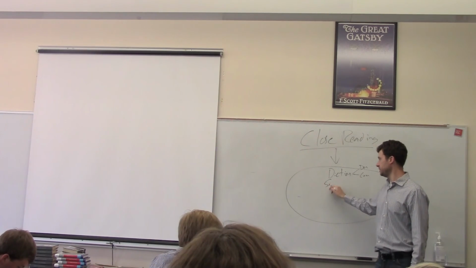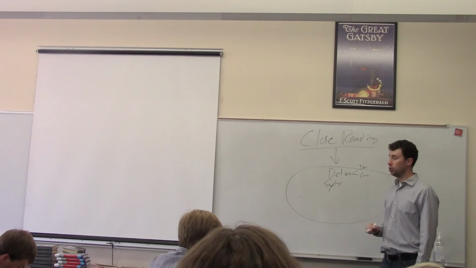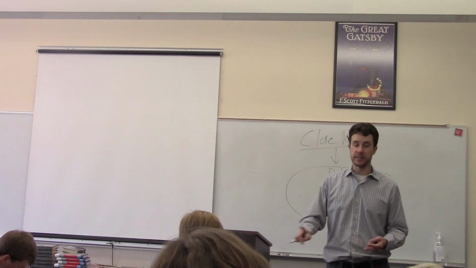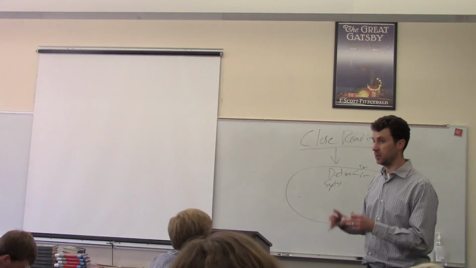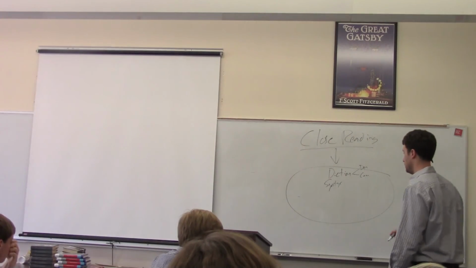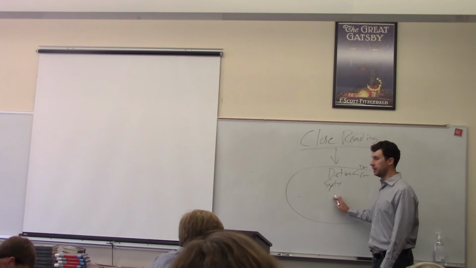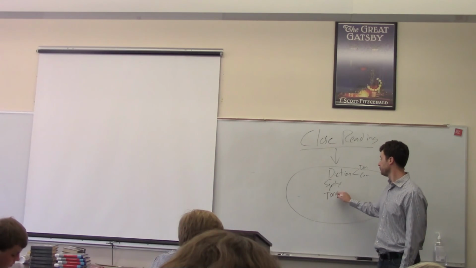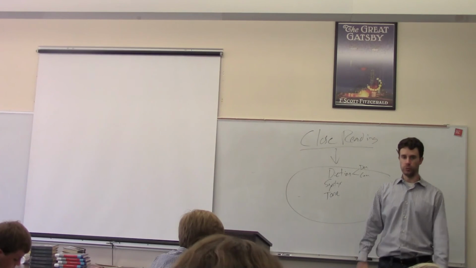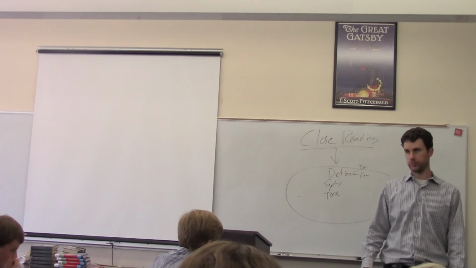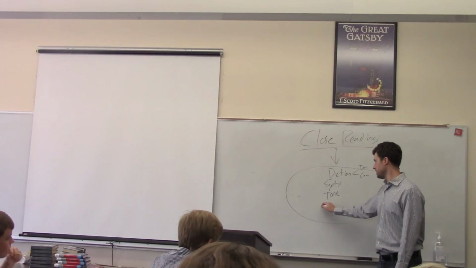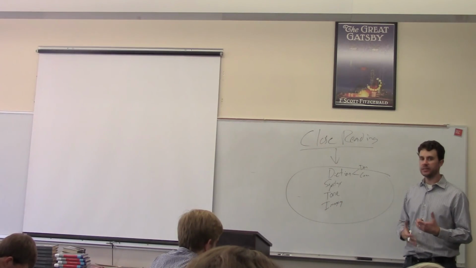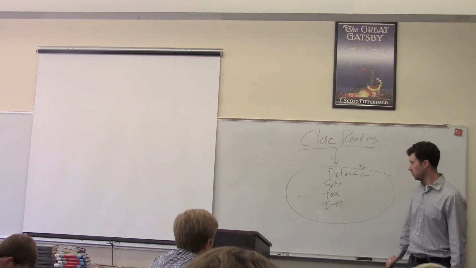Then it looks at syntax, which is not just word order, it's punctuation, it's sentence length, it's a lot of things combined. Then it looks at elements such as tone, or attitude, feeling. It looks at the imagery, which is sense experience.